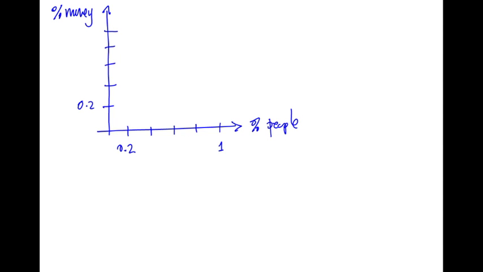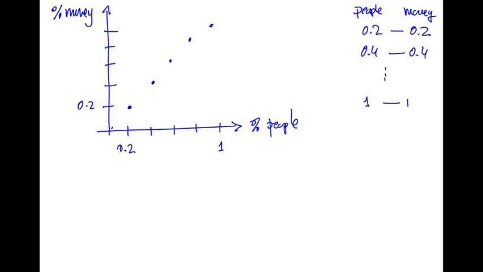If you look at the table, 0.2 corresponds with 0.2, where here is people and here is money. So that will be the point here. Similarly, 0.4 goes with 0.4, another point in, and so on up to 1 goes to 1. So 0.6 here, 0.8, and 1. If you join the points, allowing for small drawing mistakes, you have the perfect equality corresponds to the line y equals to x.